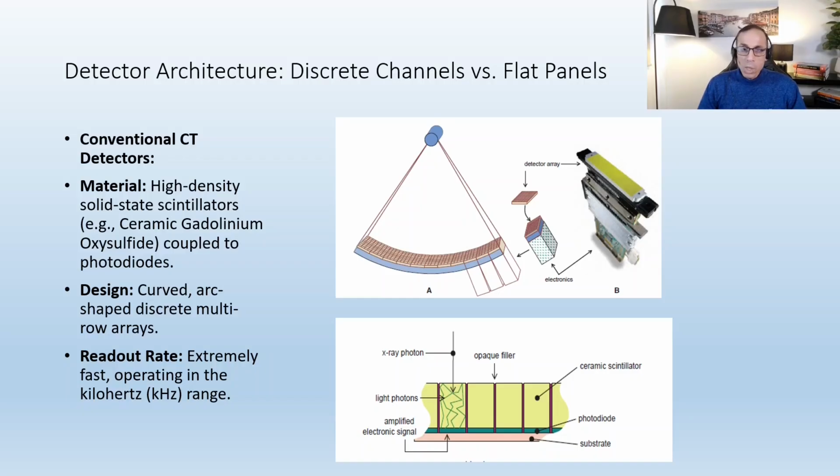For the detectors, we use high density solid state materials like ceramic gadolinium oxysulfide paired with photodiodes. These are designed in a curved arc-shaped array with multiple rows.